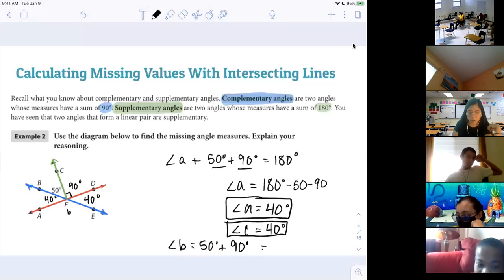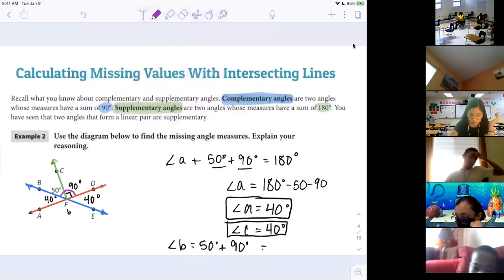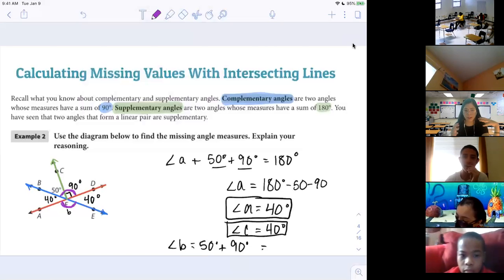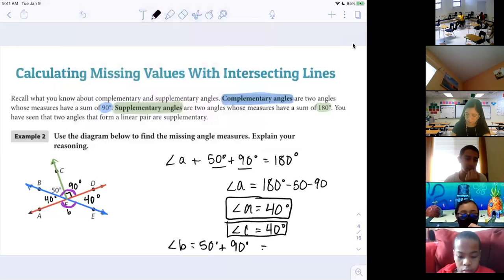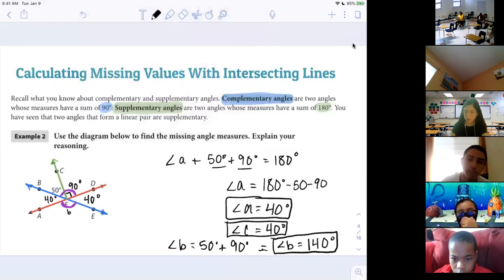So if we ignore the green ray, we know that all of this, as a matter of fact, let me use a different color, all of this whole angle is vertical to angle B. So since I have to figure out what that purple angle is, I just have to add up 50 plus 90, which means angle B equals 140 degrees. Nice job.